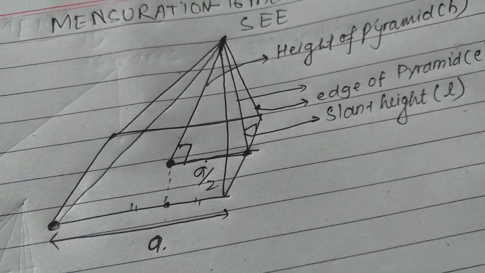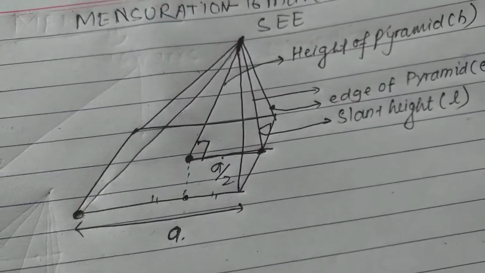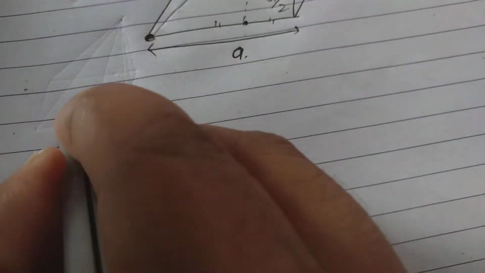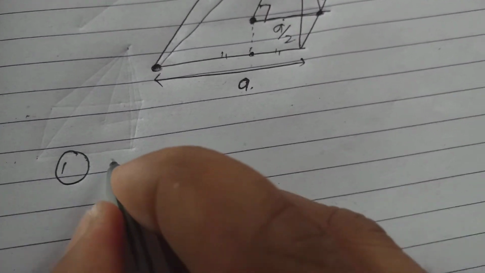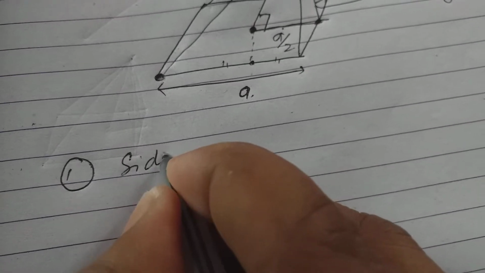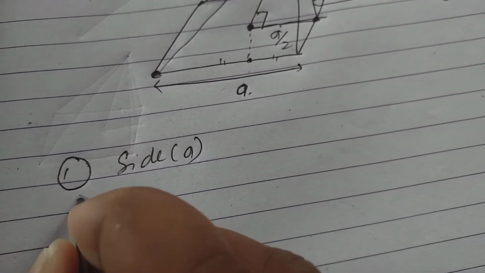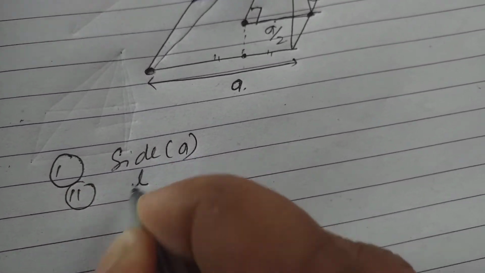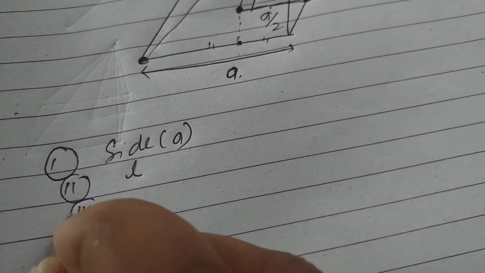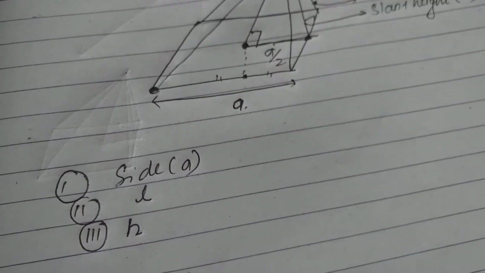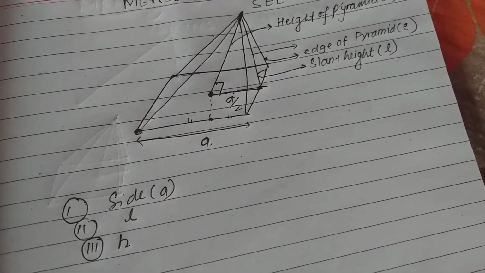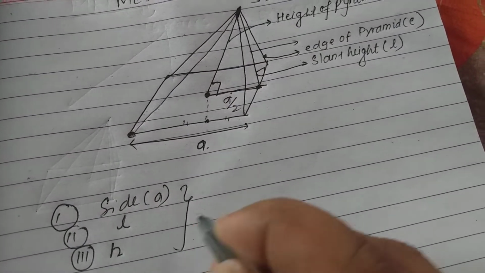Believe me, if you can find the side, that is A, second the slant height L, and third H, that is the height of the pyramid, you can do all the questions.